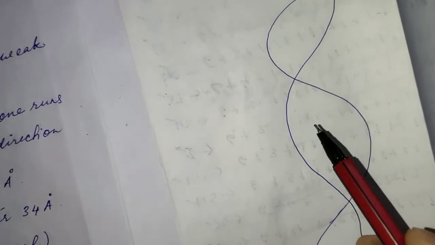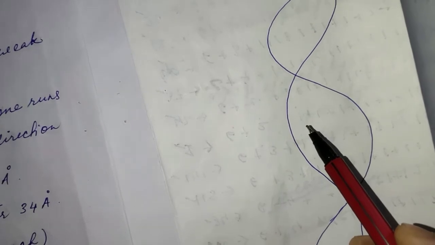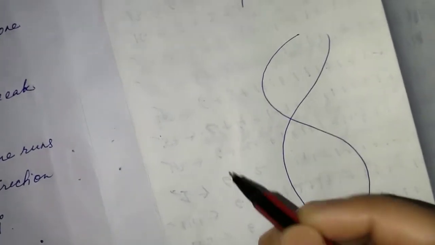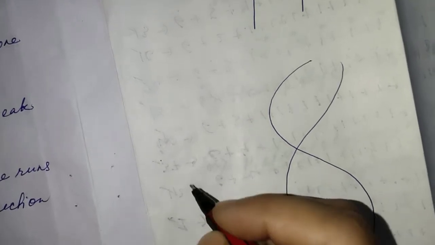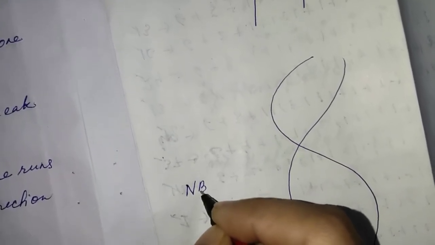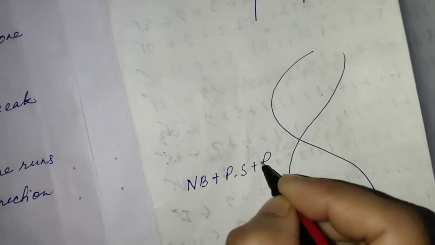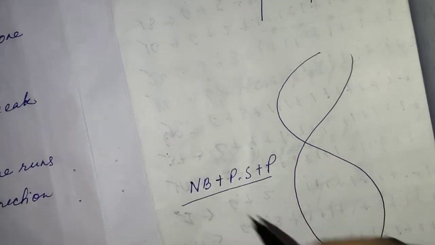Now the sugar phosphate units form the backbone and the bases form the center. So we know that each monomer unit of nucleotide consists of nitrogenous base plus pentose sugar plus phosphate. This is the composition of a nucleotide.